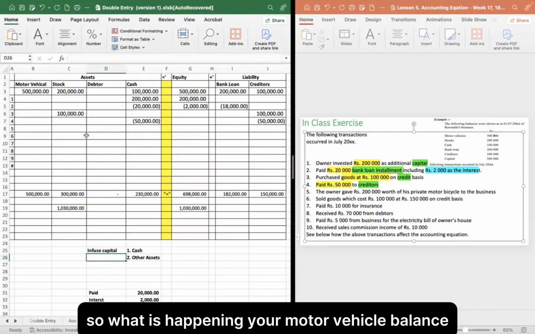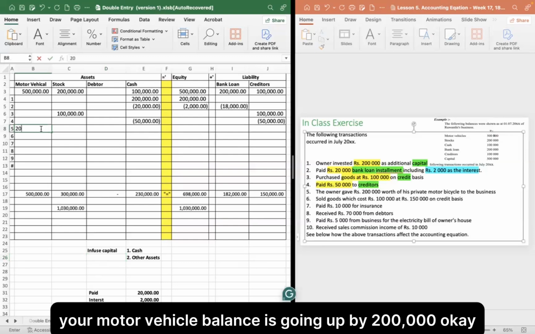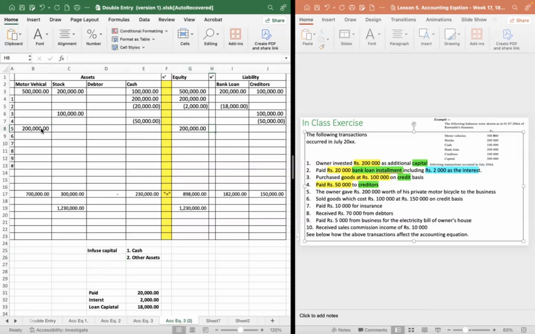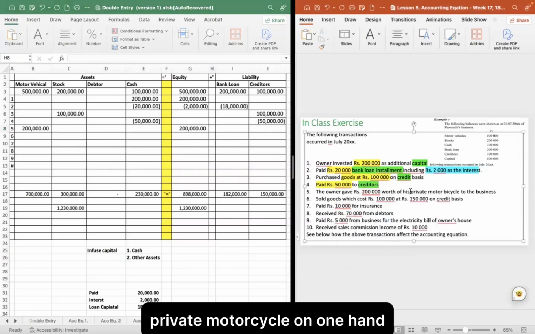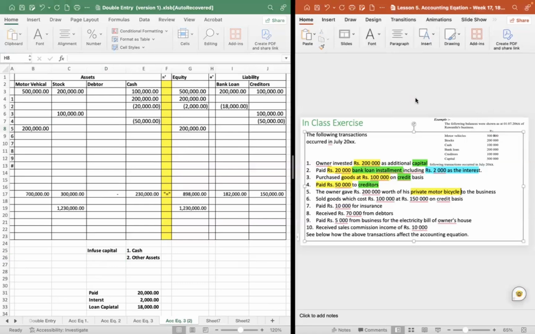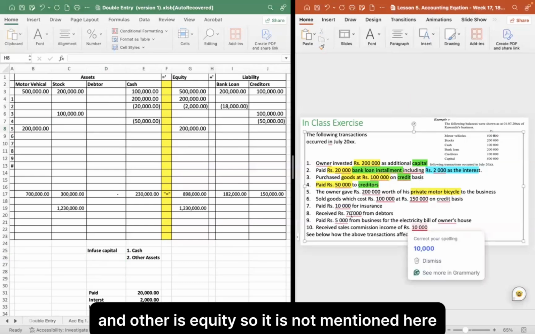So what is happening? Your motor vehicle balance is going up by 200,000. Meantime, the owner's equity in the business also goes up by another 200,000. So private motor bicycle on one hand, and the other is equity.